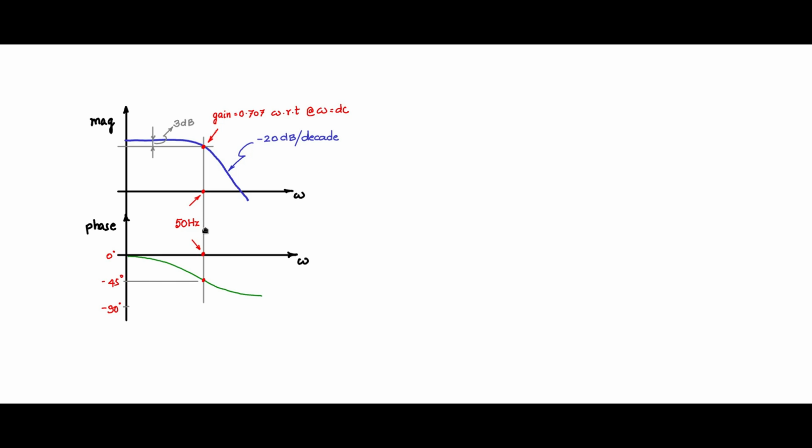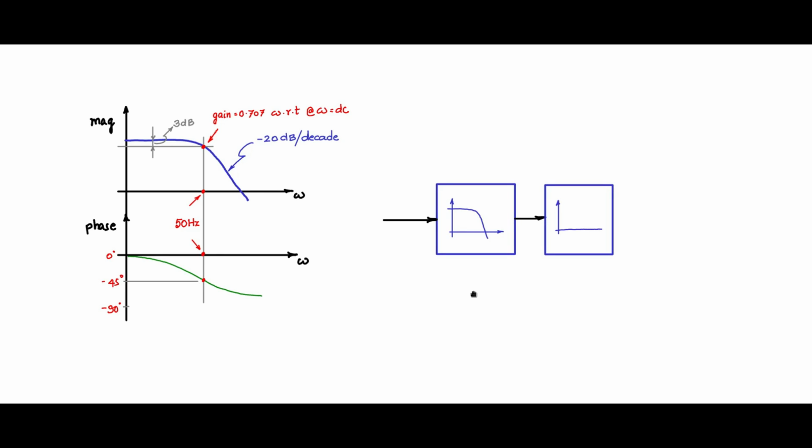Now we can say that if I have this first order filter and at 50 hertz it is so designed that it has a gain of 0.707 and an angle of 45 degrees, then I will use two such first order filters, each providing a 45 degree angle.